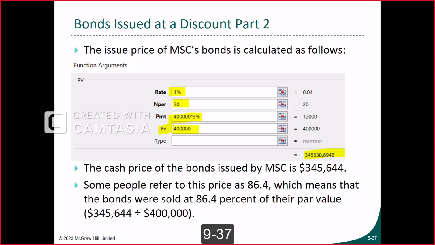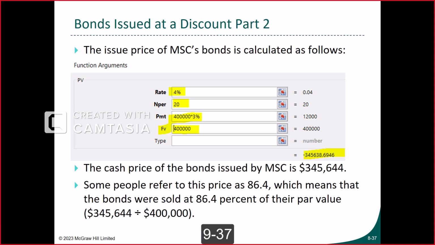So if you issue bonds with a principal of $400,000, maturity date within 10 years, semi-annual payment with a coupon rate of 6%, and if the market rate is 8%, converted to 4% per payment, you are going to collect today this amount, $345,644, which means the difference is a discount on the issuance.